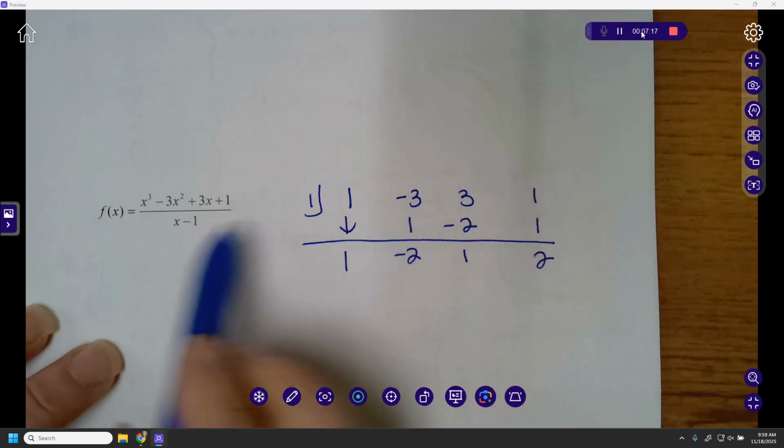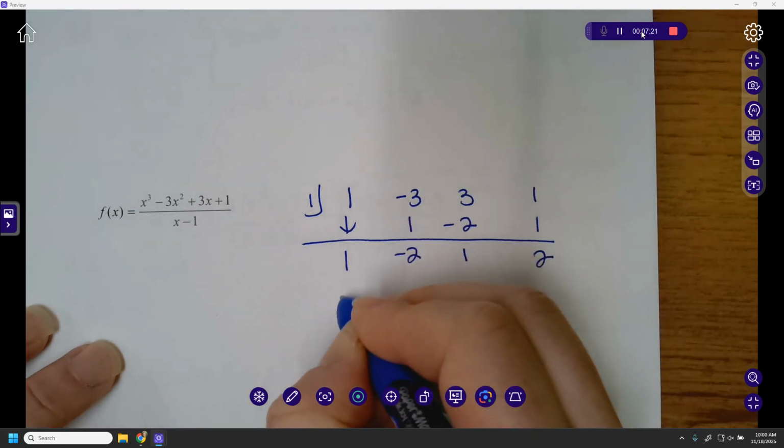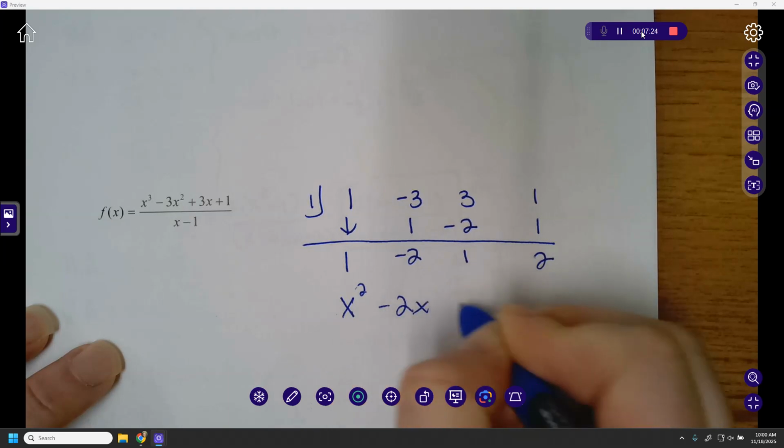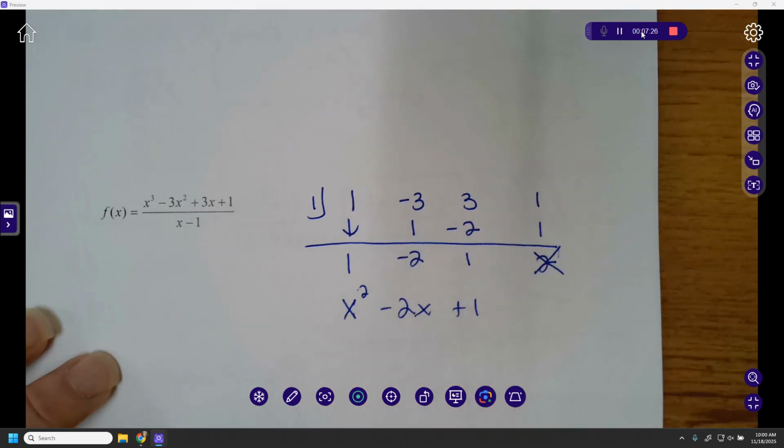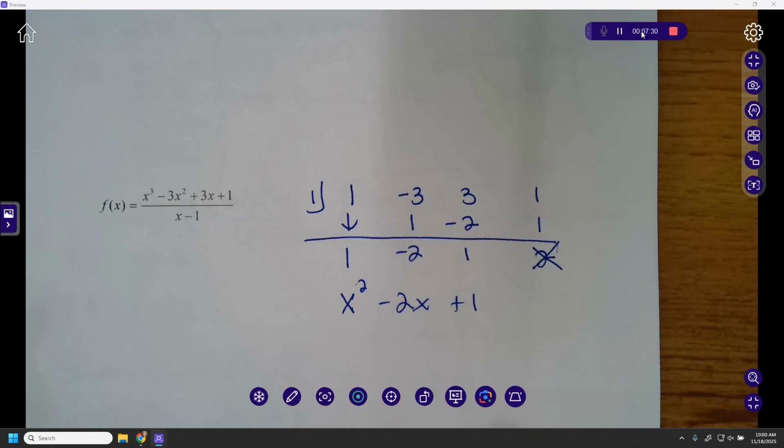Okay, so if I took my x cubed, remember I just divided by an x. This is 1x squared minus 2x plus 1. I'm going to cancel out the remainder just because it's not going to matter when we're graphing the end behavior.